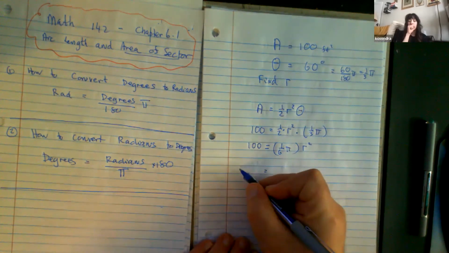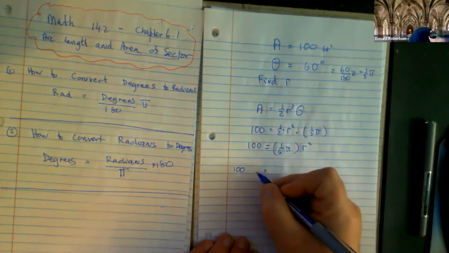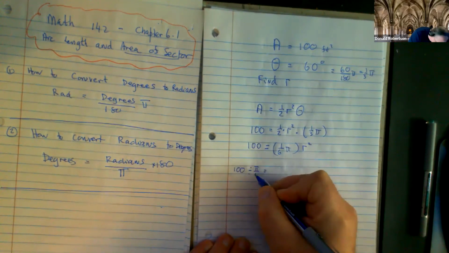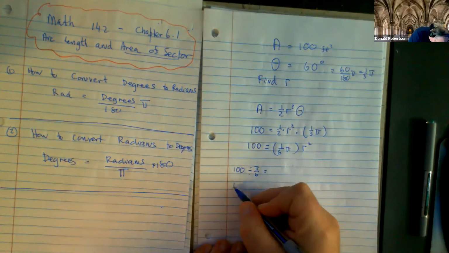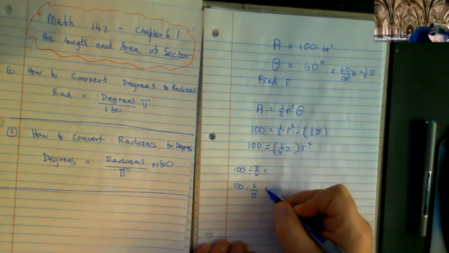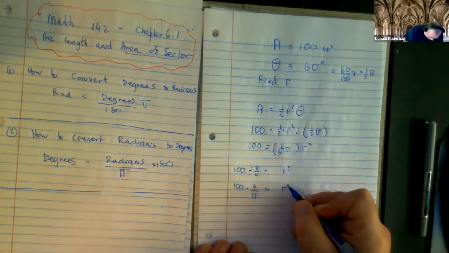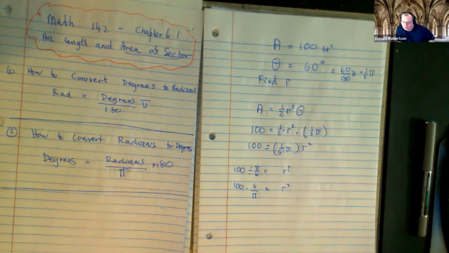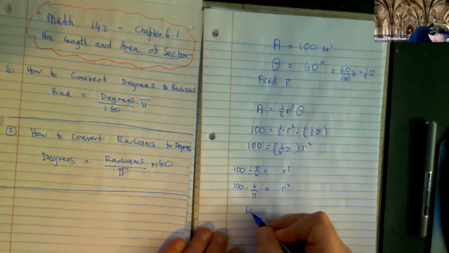Okay, so you probably don't need this line, but I'm putting it in anyway. Do you know 1/6 pi? I'm going to write it as pi over 6. And isn't that the same thing as multiplying by 6 over pi? I'm putting in every line that you could possibly want. And won't that become 600 over pi?